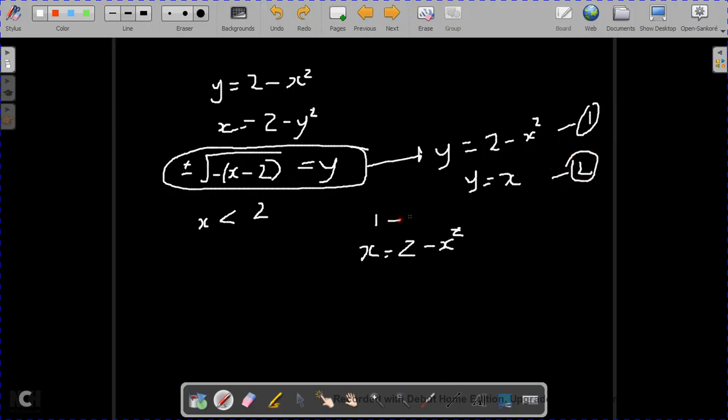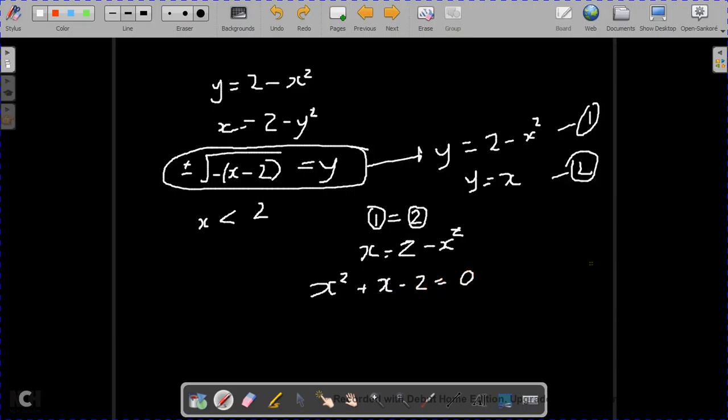So x equals 2 take x squared. Solving for x, if I add x squared and then take 2, so I'll have x squared plus x take 2 equals 0.